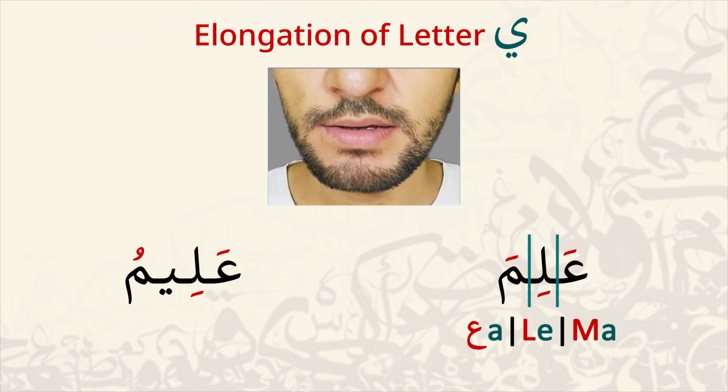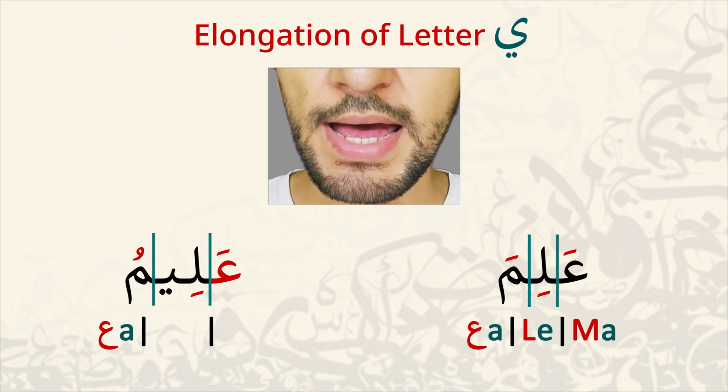Let's now have the same three letters in a different word with a little change in labels. Here we have three syllables again, and take note, the second syllable contains two letters. You might want to watch the previous lesson to understand why. The first syllable is the same as the first word, a.